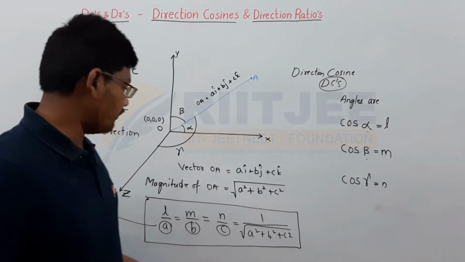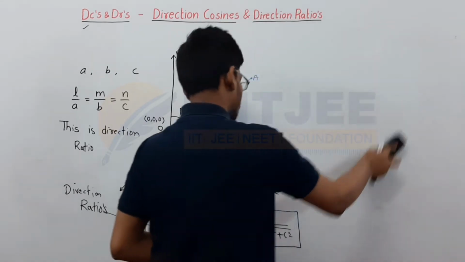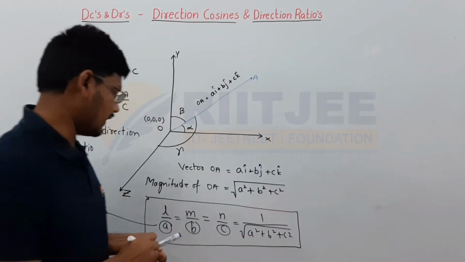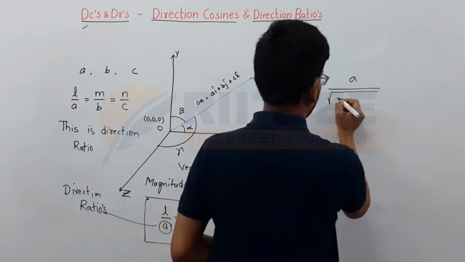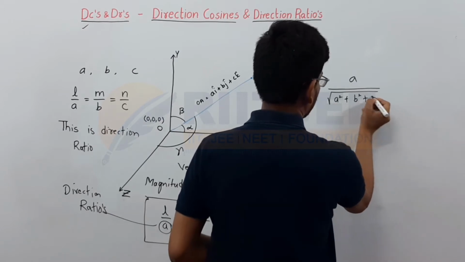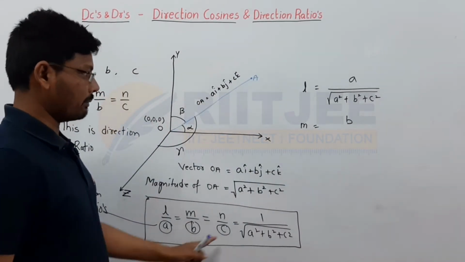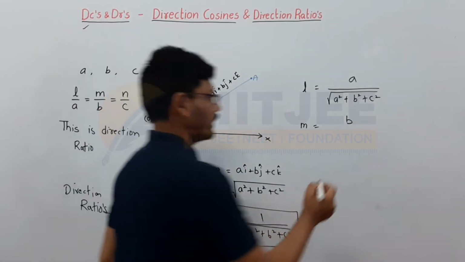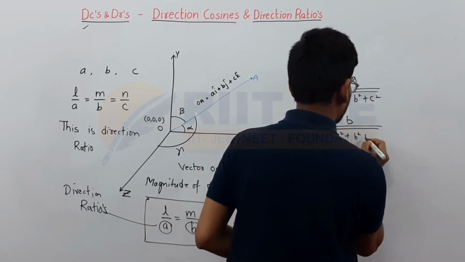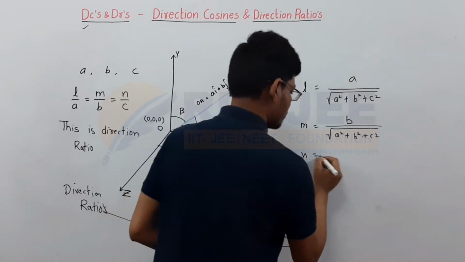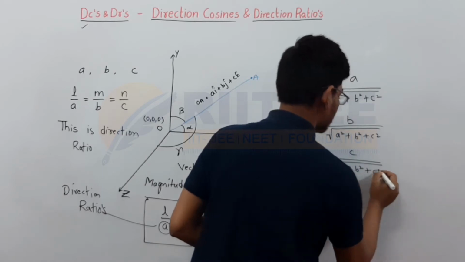From this expression we can find the values of L, M and N. L is equal to A by square root of A square plus B square plus C square, M is equal to B by square root of A square plus B square plus C square, and N is equal to C by square root of A square plus B square plus C square.